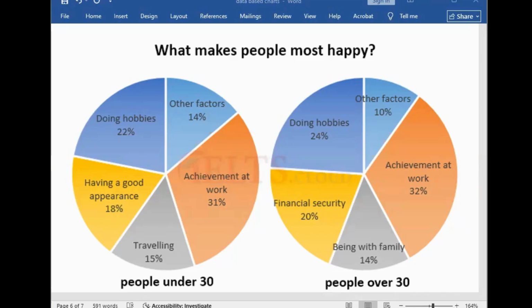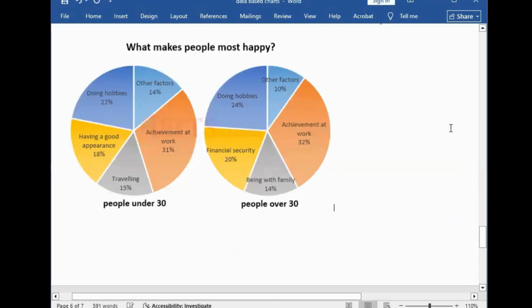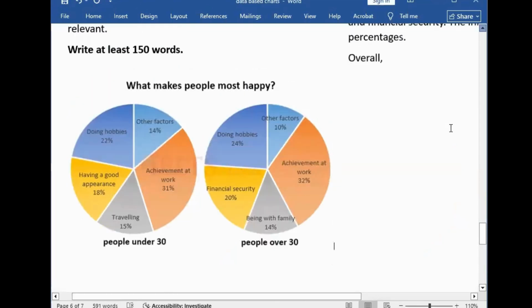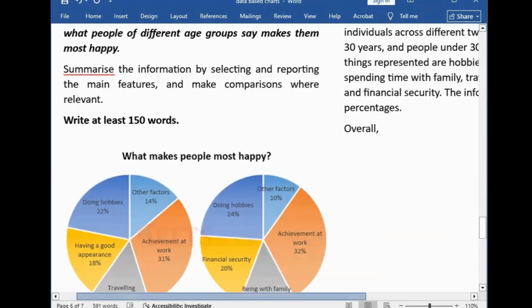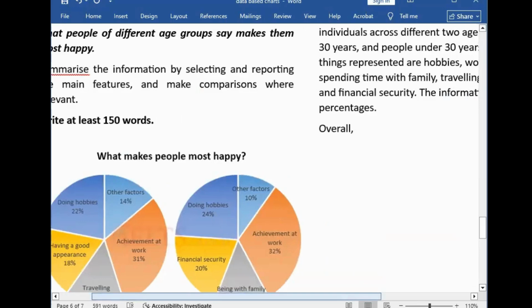Overall, instead of saying achievement at work, we can paraphrase it. It's not all cases that you can paraphrase things like this, but in this case, you can say career achievements.